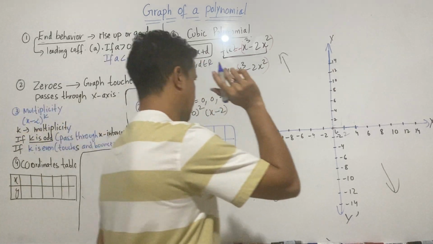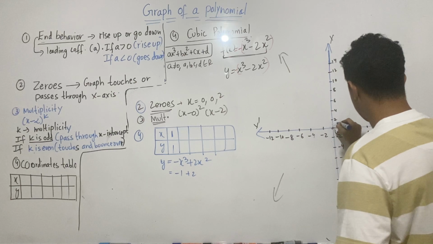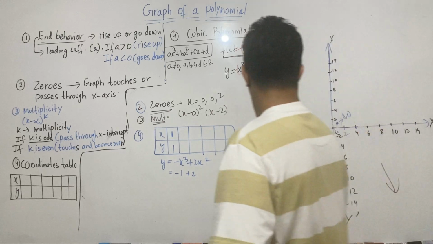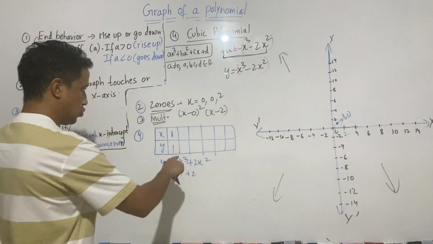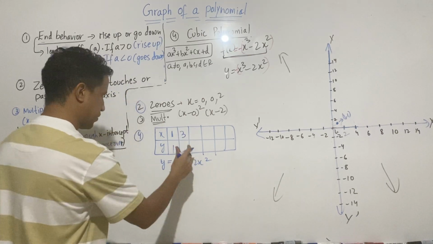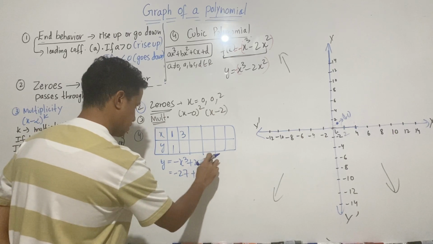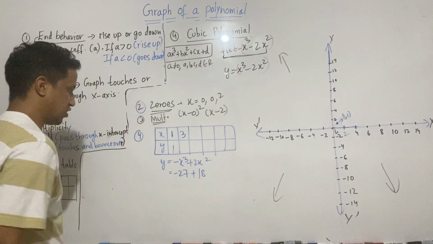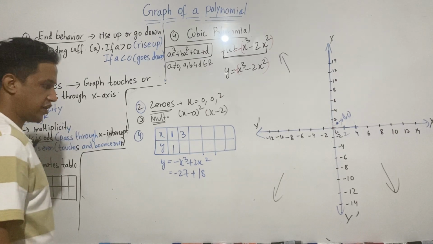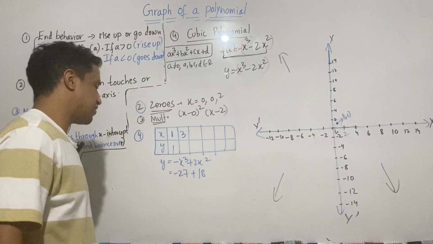So x is 1, y is 1. This point, 1, 1. Then when x is 3, minus 27 plus 18, it's going to be minus 9.